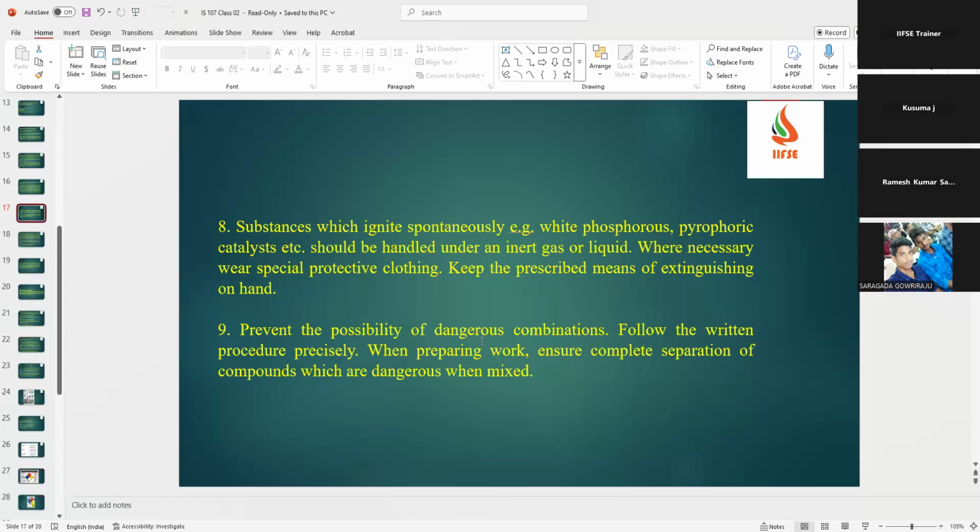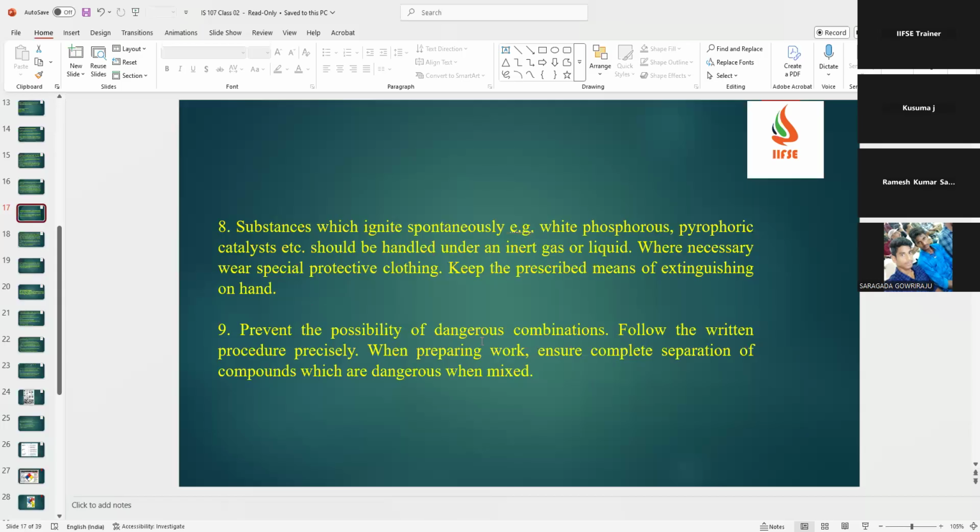When you say inert atmosphere, there is no presence of oxygen. We create an inert atmosphere to avoid fire accidents. To avoid a fire accident, we are taking out the oxygen from the immediate vicinity, so that without the presence of oxygen, the fire can't ignite.